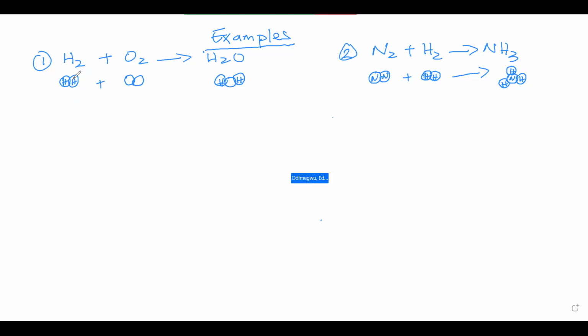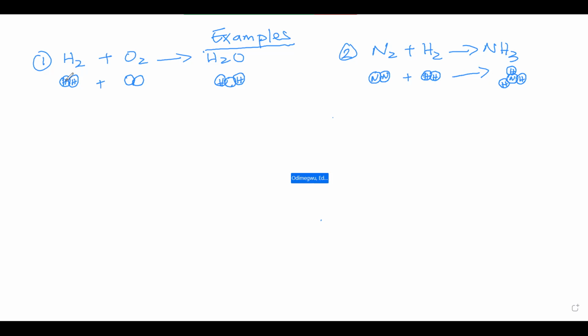Okay, now we have 2 atoms of hydrogen, 1 molecule of oxygen, 1 molecule of water. So now, how do we balance it? We do the same thing you did in the simulation. There's 1 oxygen here, there's 2 here, there's 1 hydrogen here.